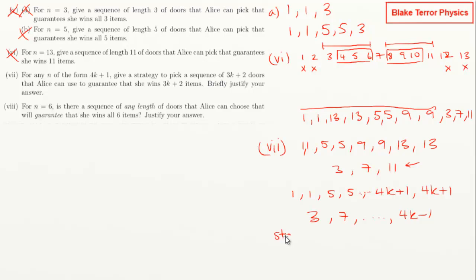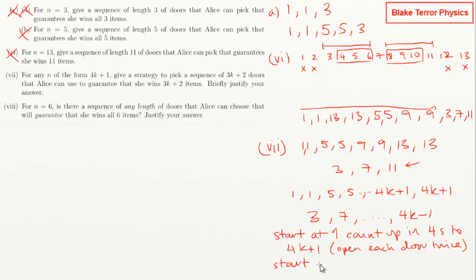So yeah, start at 1, counting up in 4s to 4k plus 1, open each door twice, and then start at 3, count up in 4s to 4k minus 1, open each door once.